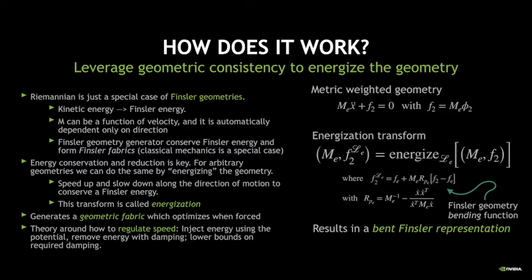And the key there is that all the properties that we care about for Riemannian geometry, including the representation of an energy, the creation of a metric associated with it, and the conservation of a particular type of energy, in this case called Finsler energy, are all captured in this Finsler geometry. And it's that energy that really allows us to prove optimization on these things. So that gives us a form of Finsler fabric of which the classical mechanical Riemannian geometric fabric is a part of.